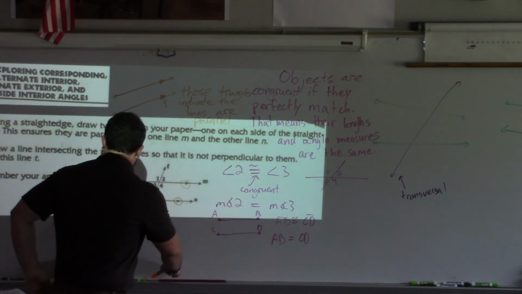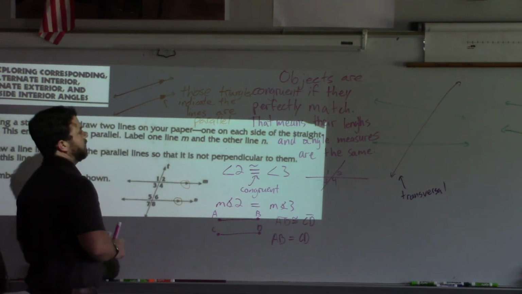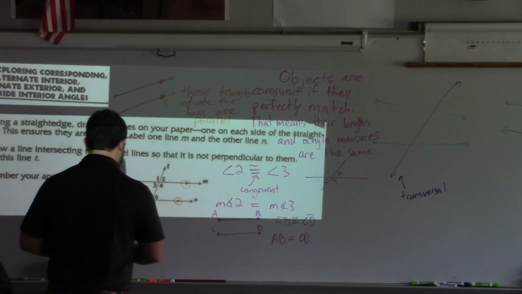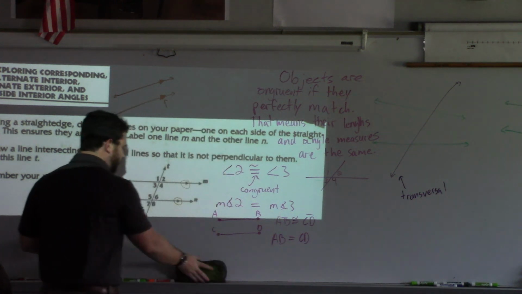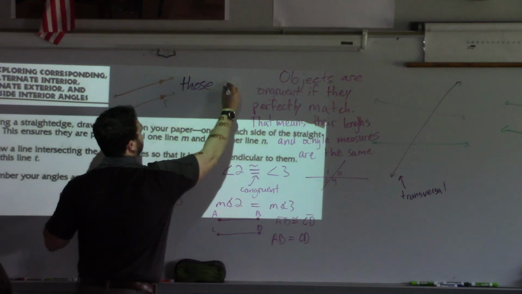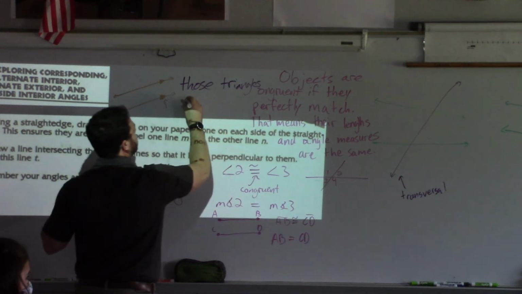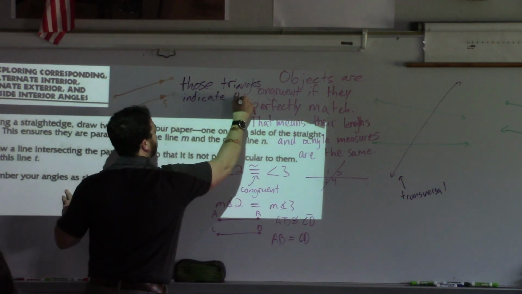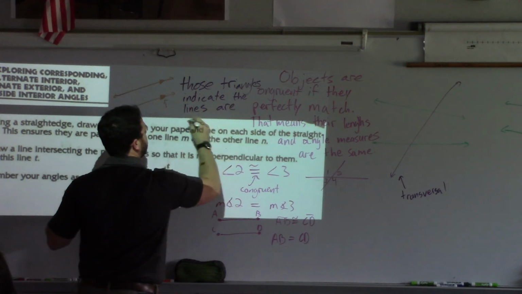Well, he just told you what it was. You could have written it down any of the 5 times I said it out loud. I heard you. Okay, those triangles indicate the lines are parallel. Come on, write it. Wow, look at that, he wrote it on the board.